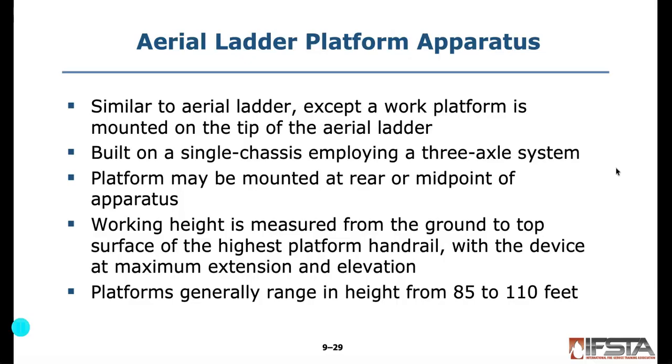Ours traditionally was at the front of the apparatus, so it kind of leaned over the cab where the driver and the captain sit. The working height is going to be measured from the ground to the top surface of the highest platform handrail, with the device at the maximum extension and elevation, and then these are generally 85 to 110 feet in height.